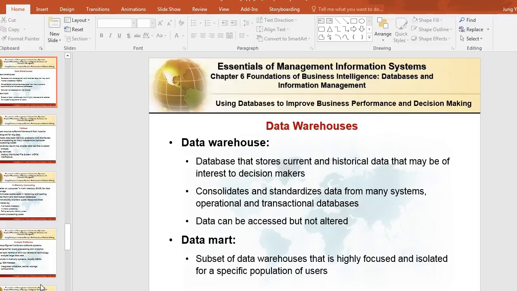So we have an exam next week, and I'd like to discuss some slides which were left out from the last class. The data warehouse is a little different from the operational database.